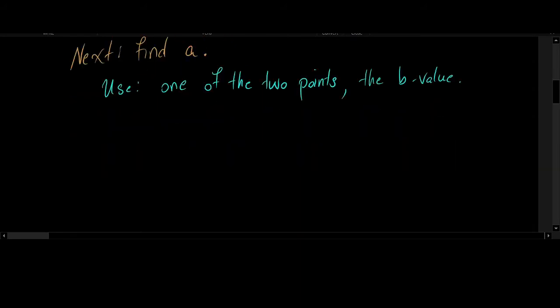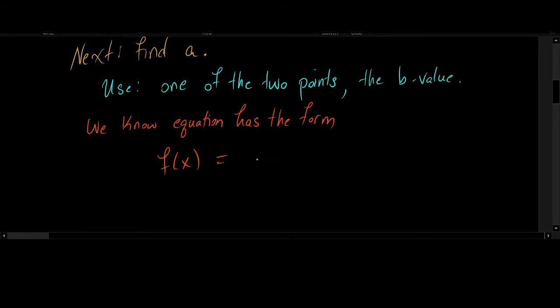Okay, here's what I mean. We know that the equation has the general form f of x equals a times b to the x. Or if you prefer, you may write this as y equals a, b to the x.